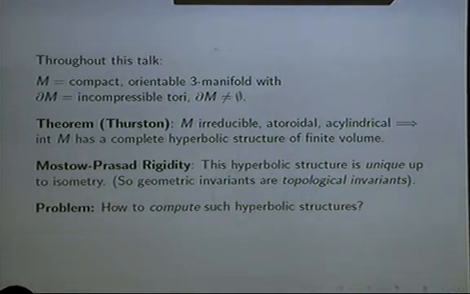Now we know from Thurston's hyperbolization theorem, say for Haken manifolds, so if the manifold's irreducible, atoroidal and acylindrical, then the interior has a complete hyperbolic structure of finite volume. I guess maybe I should just remind you, so irreducible means that every two-sphere bounds a ball.